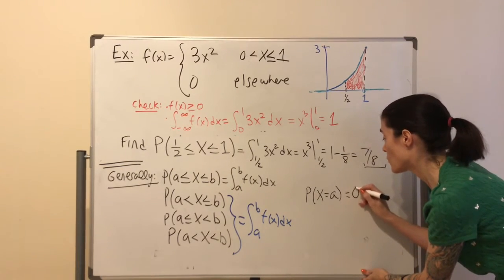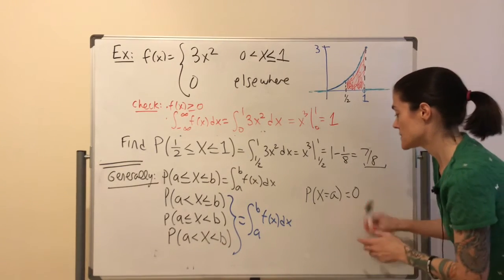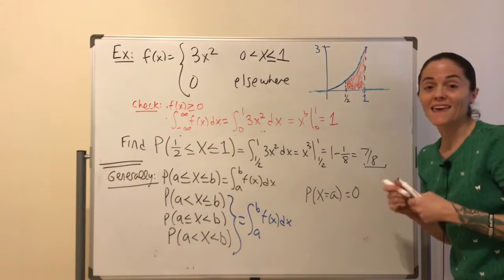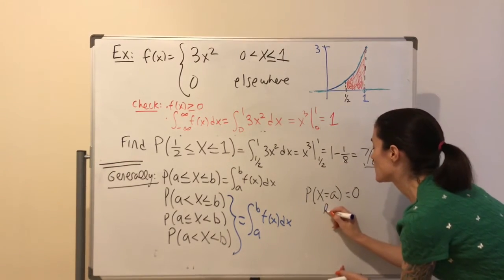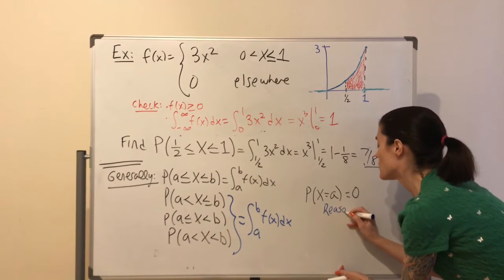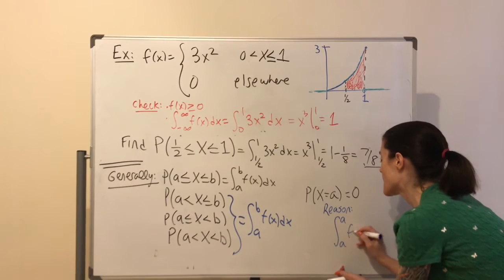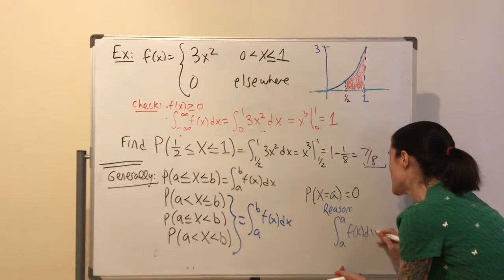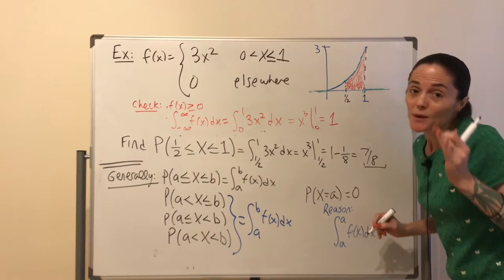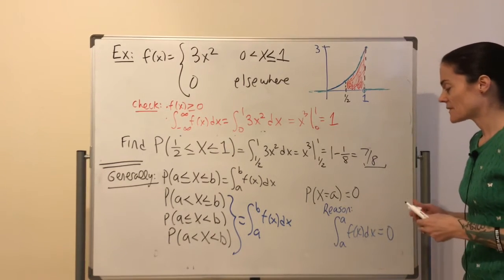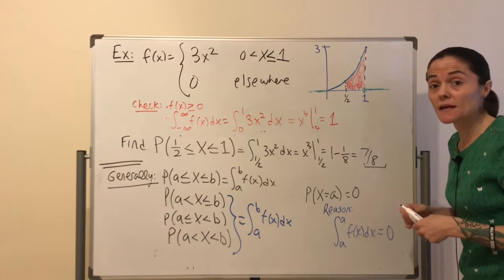And why is that? So this is my claim. If you want to think integrals, okay, fine. This would be an integral from a to a of some function dx, and you see the upper and lower limits are the same, which gives 0. Okay, that's thinking of it in terms of integrating.